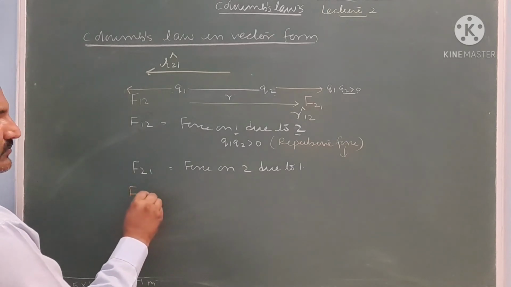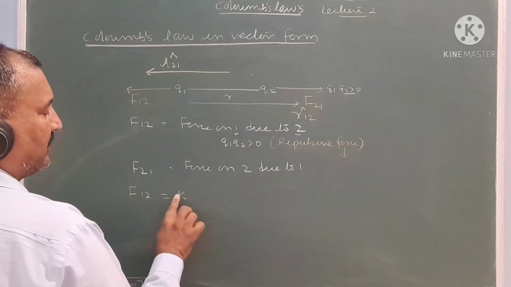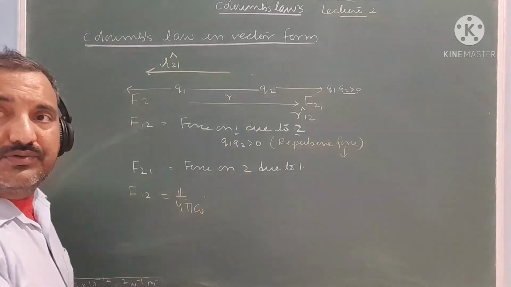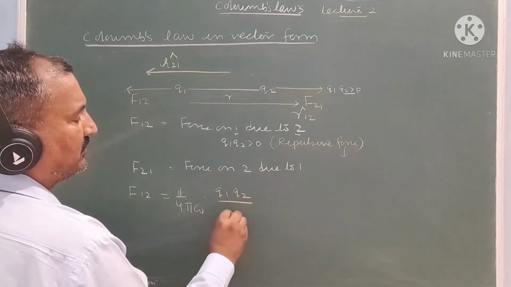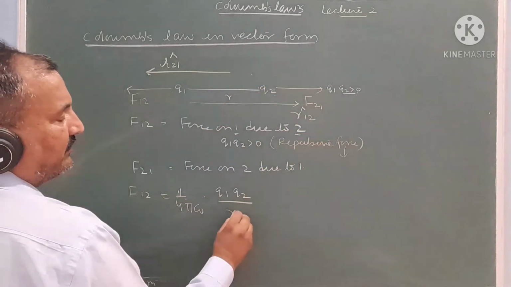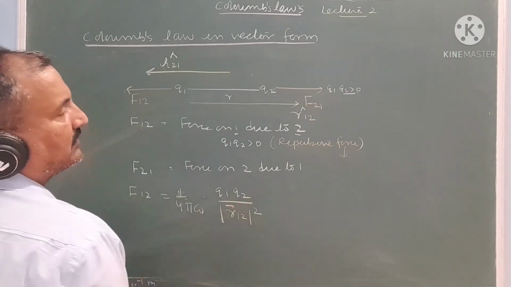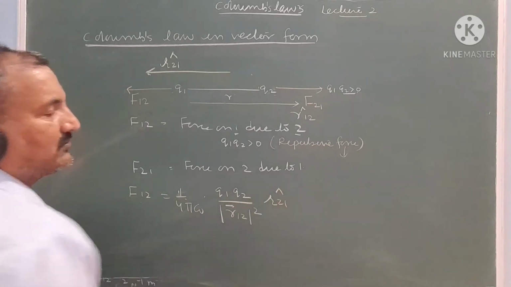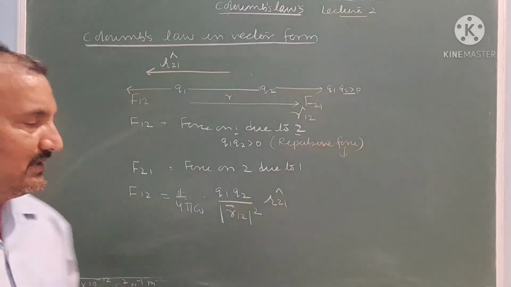Force 12 is equal to K, that is a constant. You can write 1 upon 4 pi epsilon 0 into Q1 Q2 upon R square. In the magnitude there is R square. And what is the direction? This is opposite. Force is here, direction will be in the opposite direction.